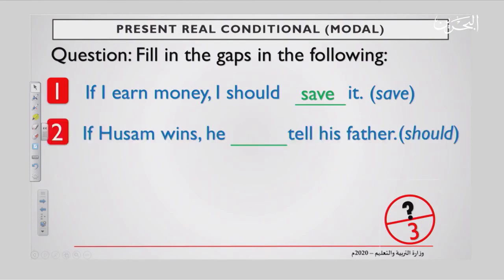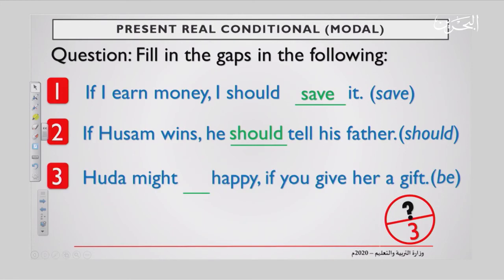Number 2, if Hussam wins, he, tell his father, should. Let's take a look. If Hussam wins, he should tell his father. You do not change should. 3, Huda might, happy, comma, if you give her a gift, be.